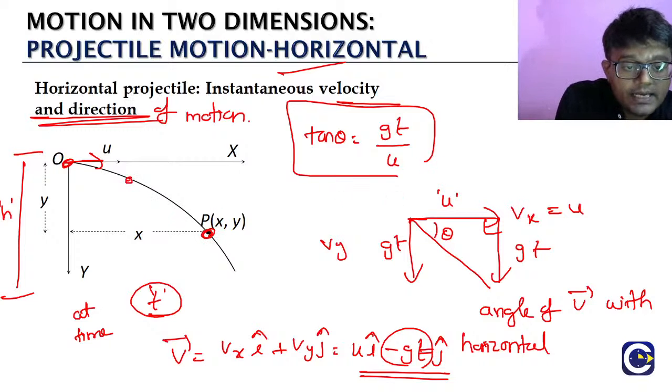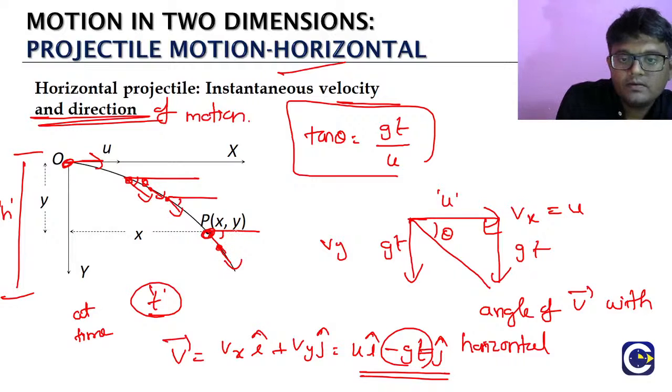So at any time, the velocity can be given by the direction of the tangent. You see at any point the velocity is given by the direction of tangent. With respect to horizontal, we always measure the angle going downwards. And what is that angle?